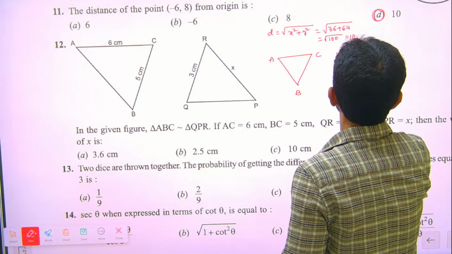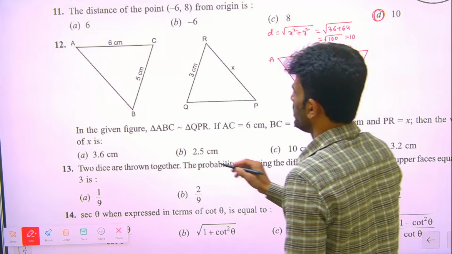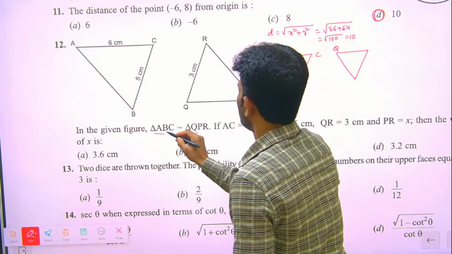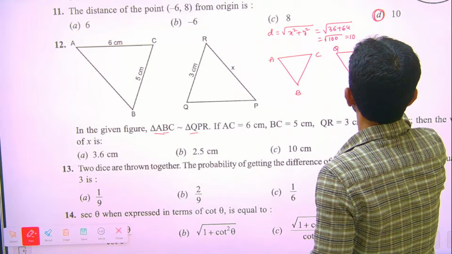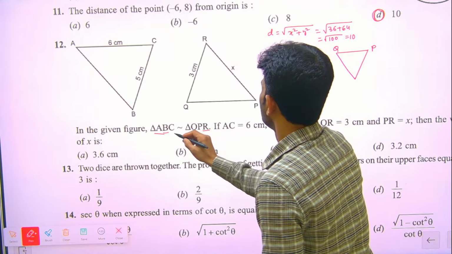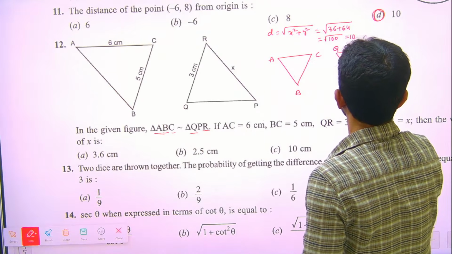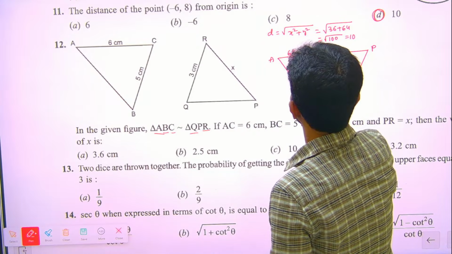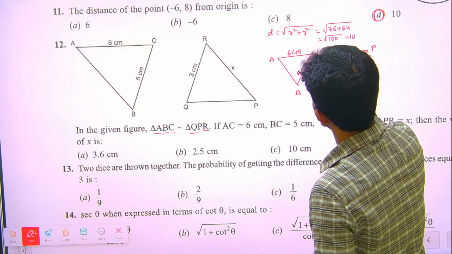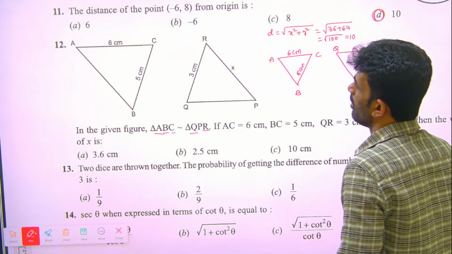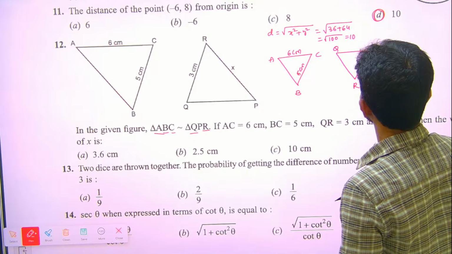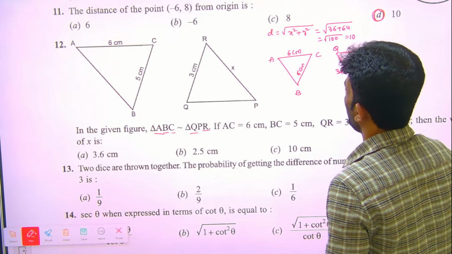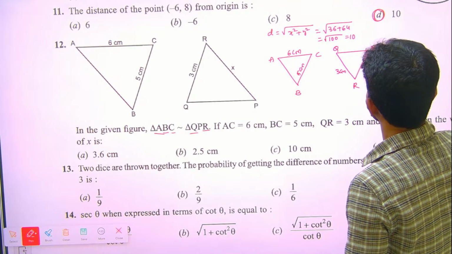Draw one triangle like this. In the place of A, we should have Q. In the place of B, we should have P. And C is R. Now we know AC is 6 and BC is 5. We also know QR is 3 and PR is X.